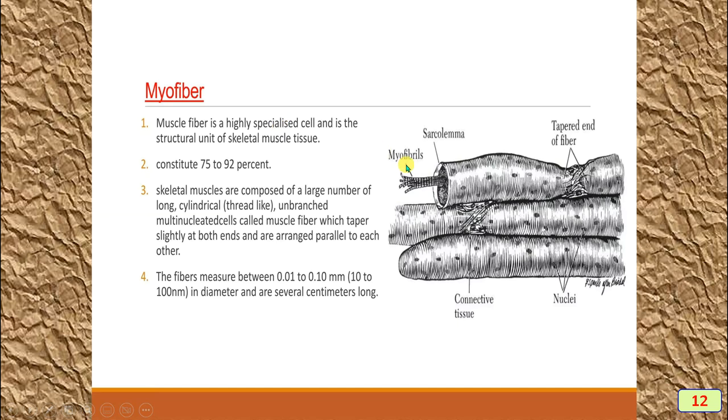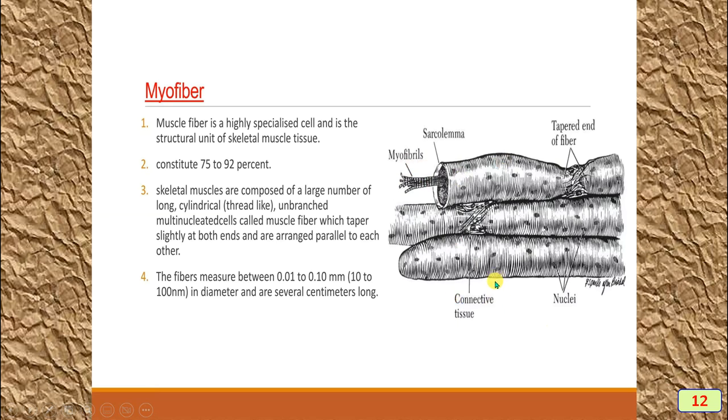Then the myofiber is also the muscle fiber, which is a highly specialized cell and is the structural unit of the skeletal muscle tissue. For example, it constitutes about 75 to 92% of the total muscle bundle. And here you can once again see the tapered end of the muscle fiber, then the sarcolemma, the outer coat, and myofibrils inside.